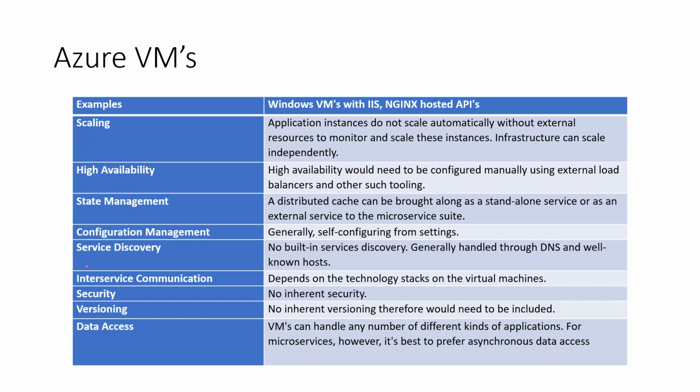This requires a lot more of that configuration, but if you do it right, you can actually use VMs to do a lot of the kinds of things that you would do on some of these other platforms.